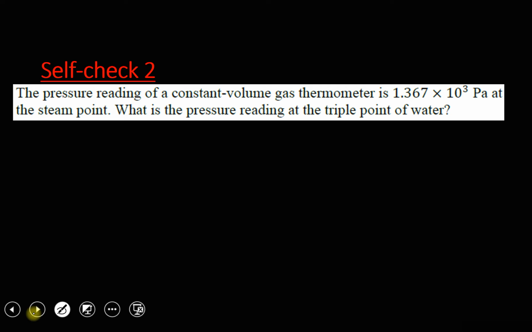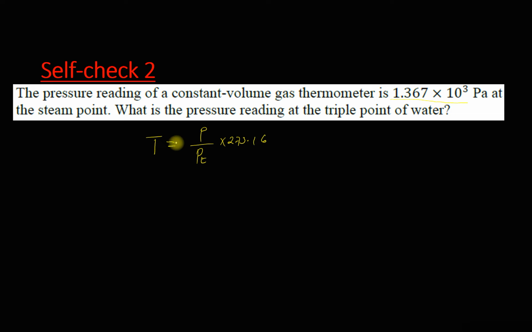The pressure reading of a constant volume gas thermometer is 1.367 times 10 to the power of 3 pascals at the steam point. What is the pressure reading at the triple point of water? So the temperature equals the pressure at the unknown temperature over the pressure at the triple point, then times 273.16 Kelvin.